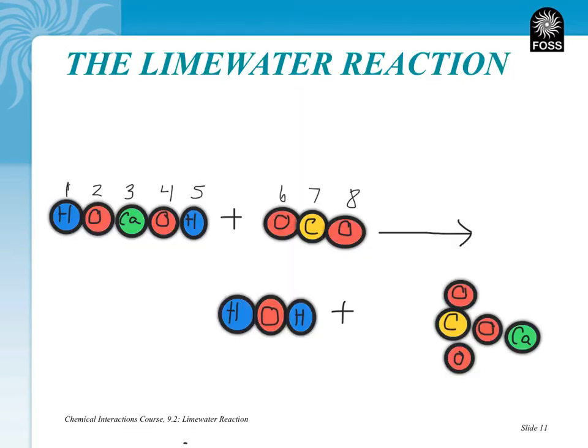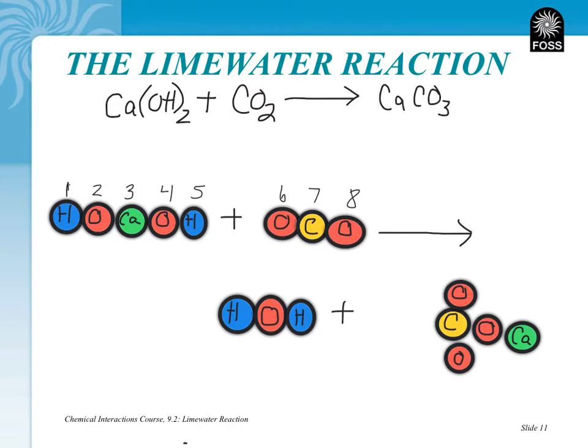Calcium carbonate. So when we break this all down, the limewater reaction, we can think of it in a few different ways. We could think of it in chemical formulas like this. Ca(OH)2 plus CO2 gas yields CaCO3 plus H2O.